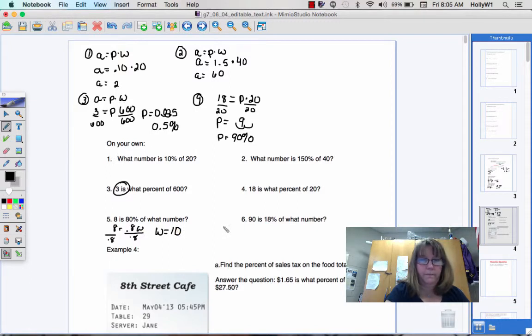Okay, number 6. 90 is the part, is equal to 18%. I'm going to convert that into a decimal, of what number? So we're looking for the whole. Divide both sides by 0.18, and we end up with the whole is equal to 500.